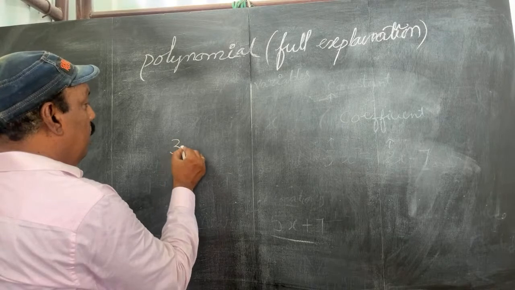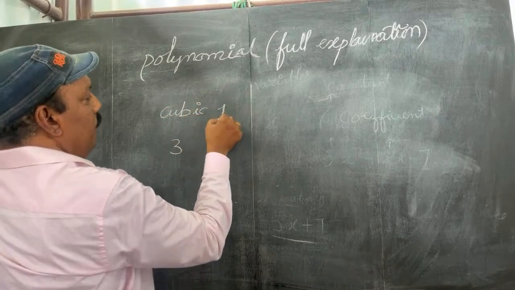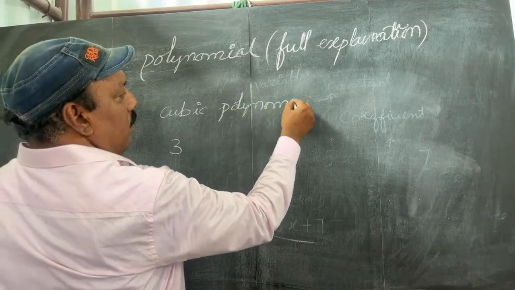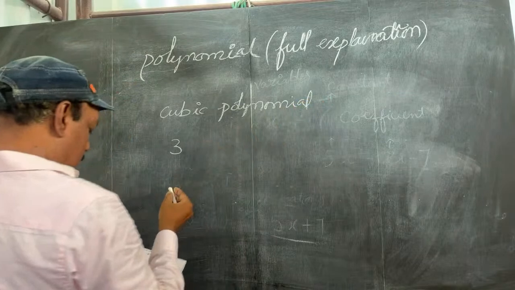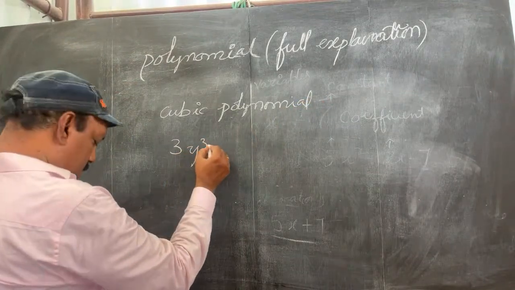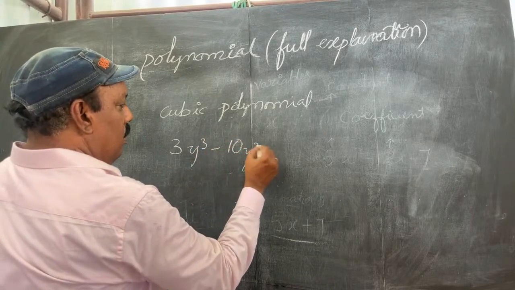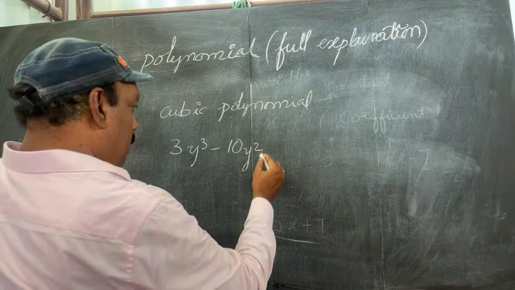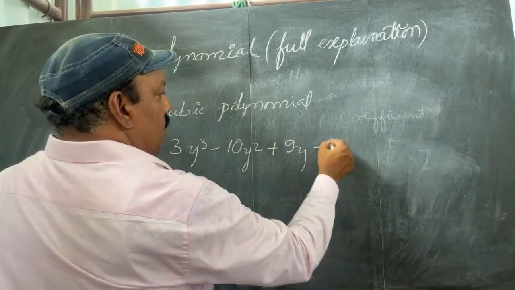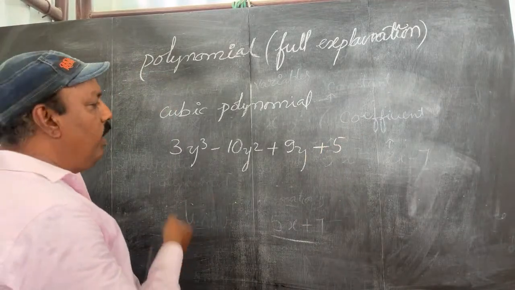I already told you about the cubic polynomial. One more thing is the cubic polynomial. This is the example for a cubic polynomial. How can I say it is a cubic polynomial? What is the evidence here?